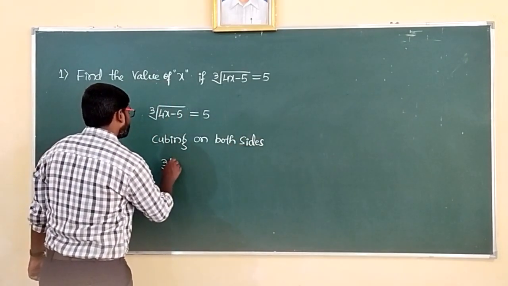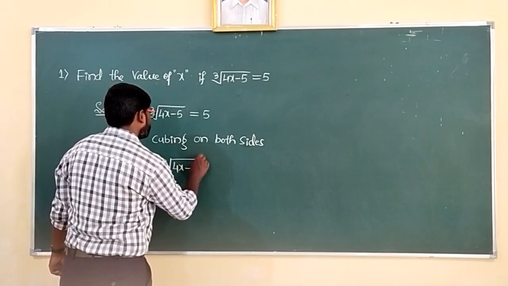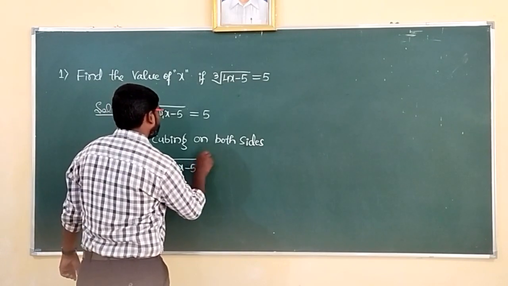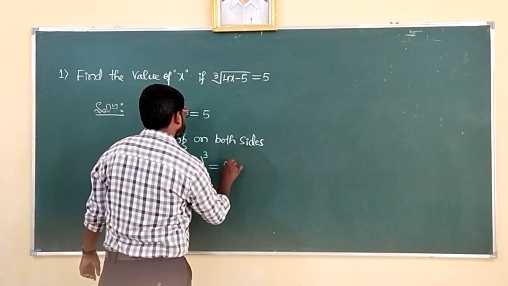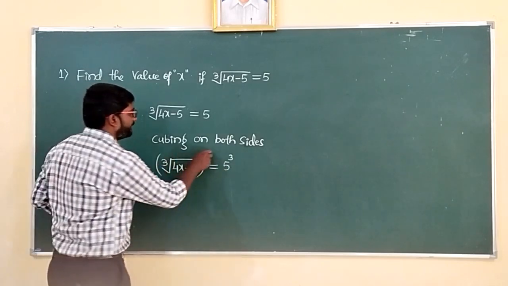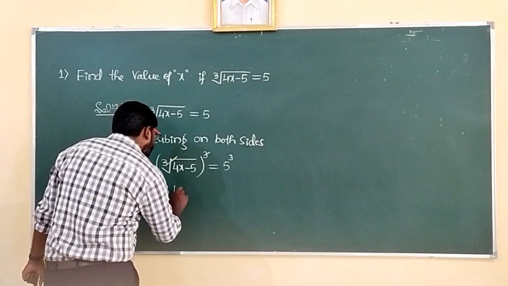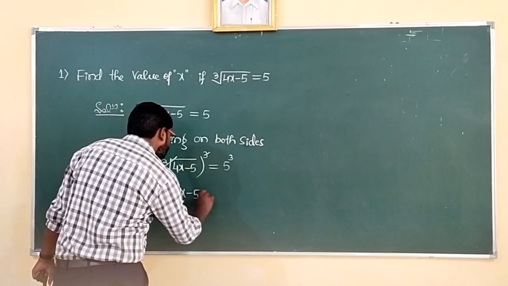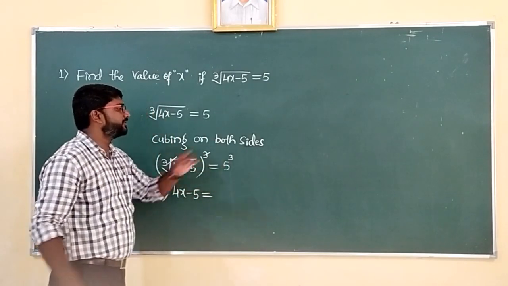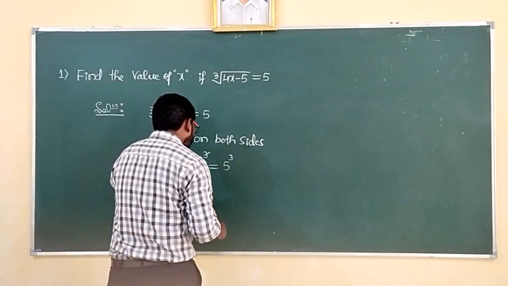Cube root of 4x minus 5 whole to the power 3 equals 5 cube. Both the sides we are cubing. Now cube and cube root get cancelled. We are left with only 4x minus 5 equals 5 cube, which is 5 into 5 into 5. That will give us 125.